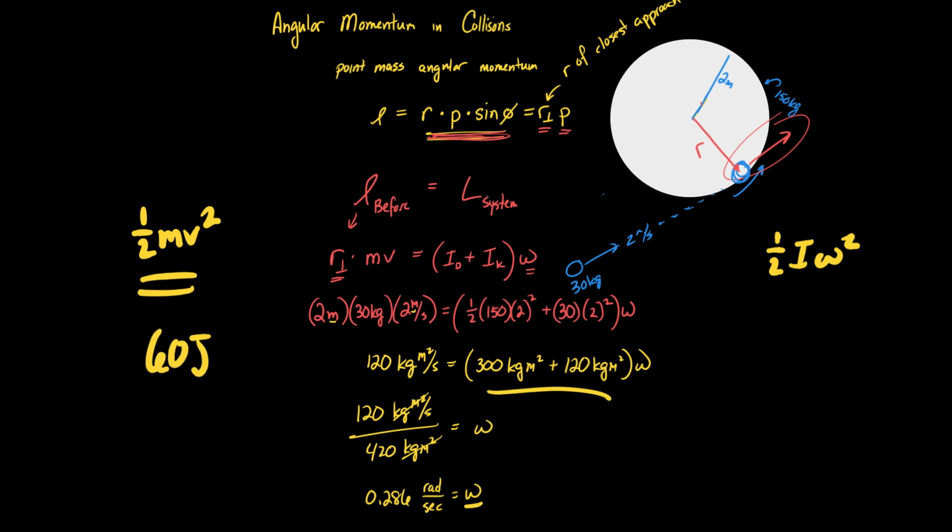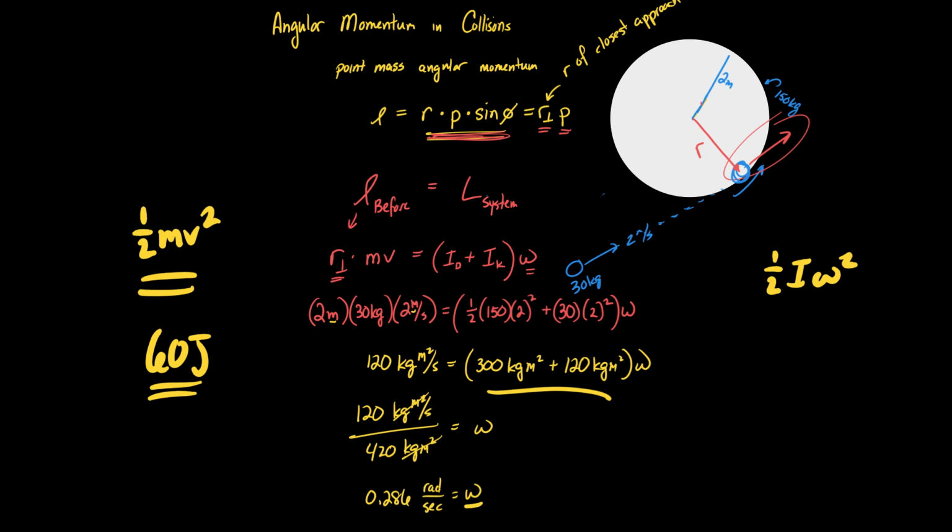60 joules here. Is that what you guys got? 17 joules here. Is that what you guys got? I'm holding on. You got 4.9? Yeah. One of us made a mistake. Well, let's see.